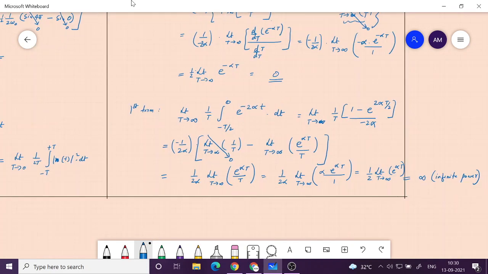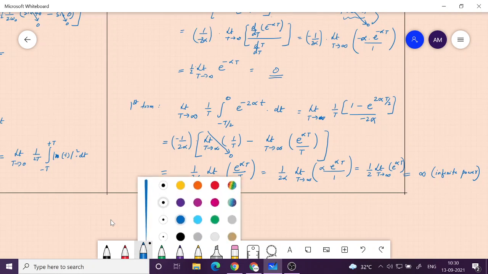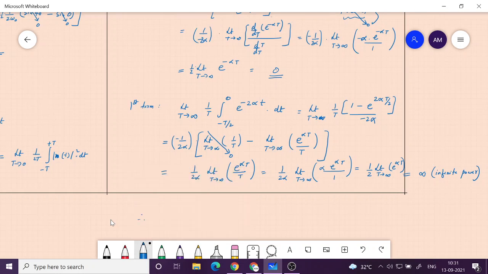So therefore our conclusion is that this particular signal, x of t equal to e raised to minus of alpha plus j omega t, is neither energy nor power signal.